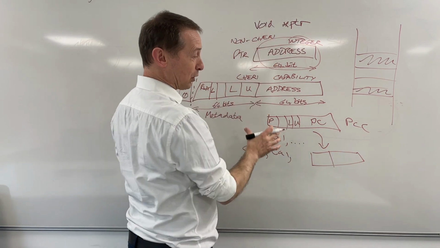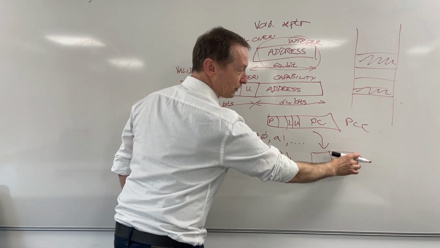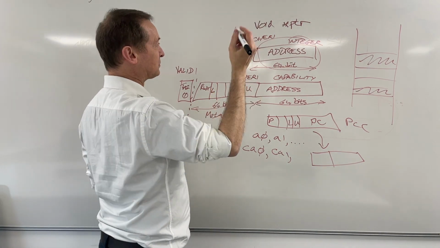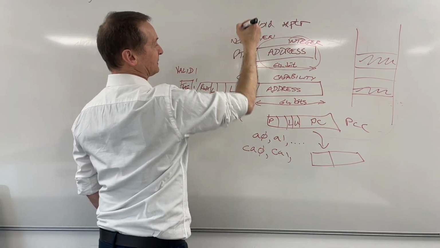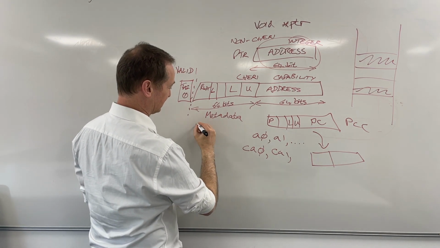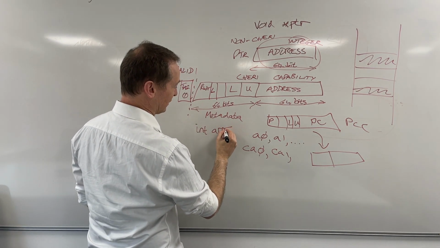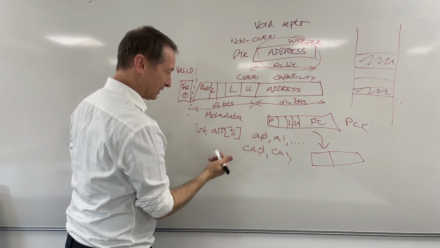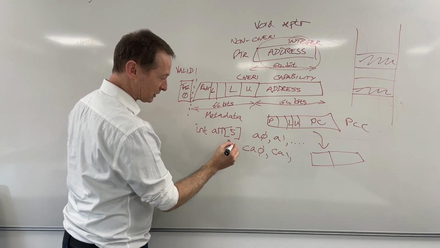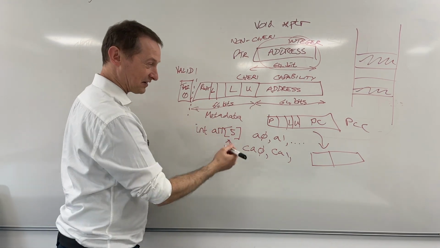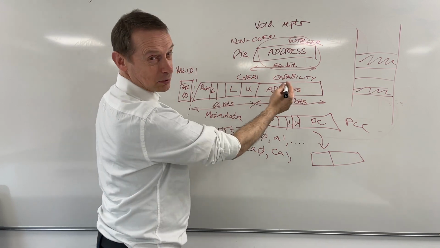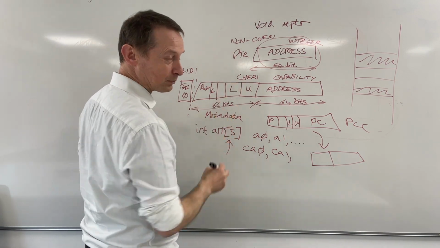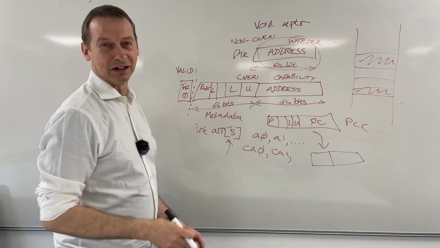Then as the software operates, we reduce it further and further until you get to something like an array. So you create an array, say an int array of 5. We can keep breaking down these capabilities until we have one that literally just covers this. So anything accessing it is restricted by its capability. Rather than a pointer, this is now a capability, same as all pointers. And that's how CHERI gives its memory protection.